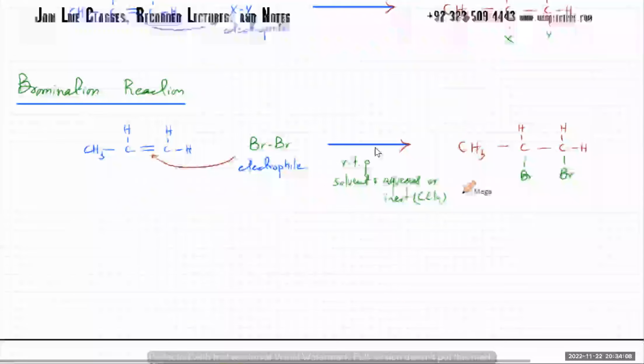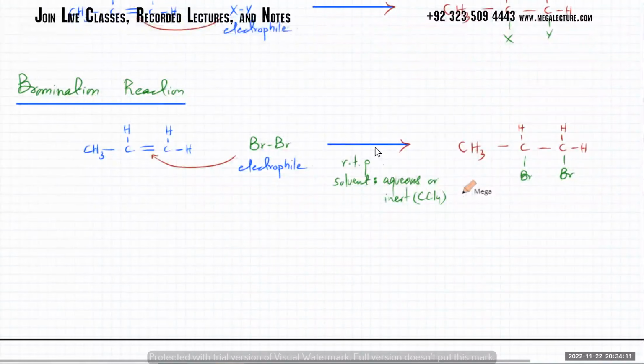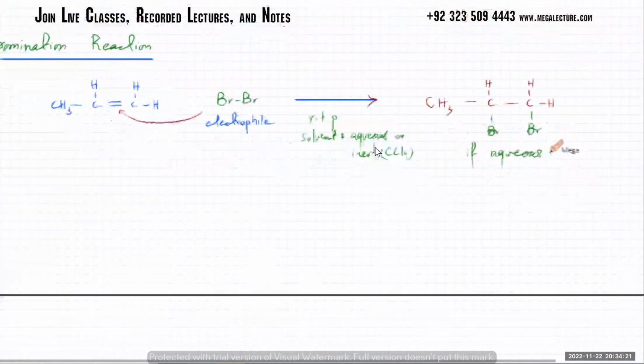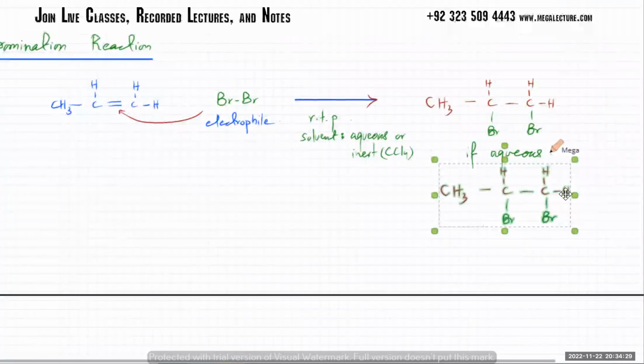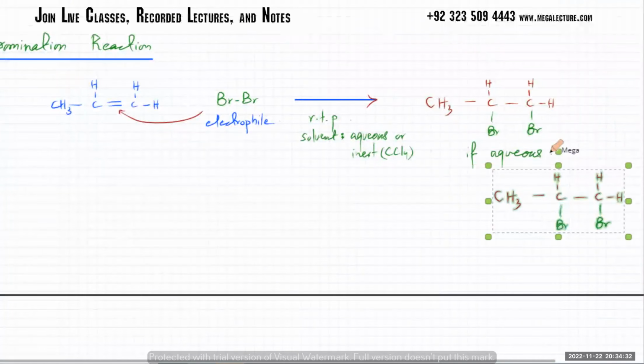The other thing is that if it's aqueous, there's a chance of another product getting formed as well. You won't get just this product, because in aqueous there is water.